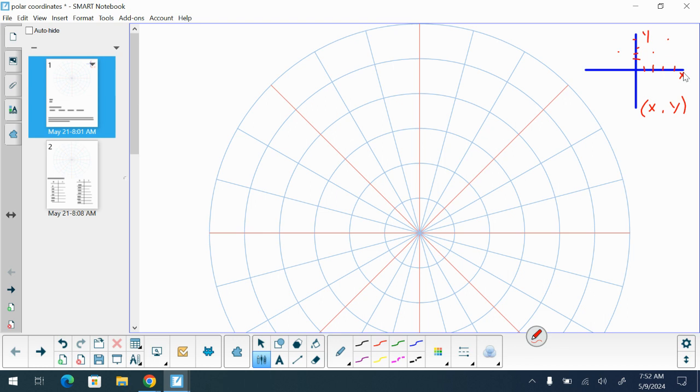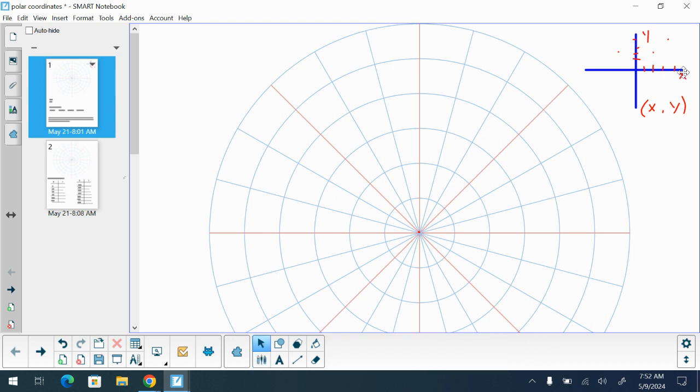So when you're dealing with polar coordinates, sometimes things will be a little bit easier, and I'll show you when we do a graph, things that are easier to graph in a polar coordinate system. If we take a look at this, we have lines that rotate out from this point right here.